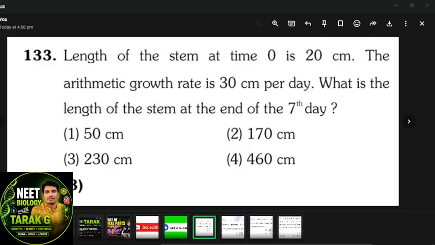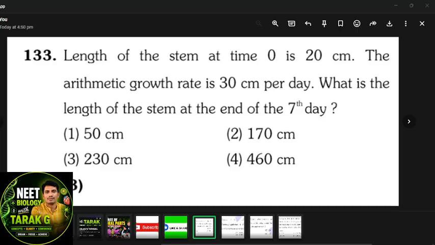Now the formula is LT equals L0 plus rt, right? LT is equal to L0 plus rt is the formula.